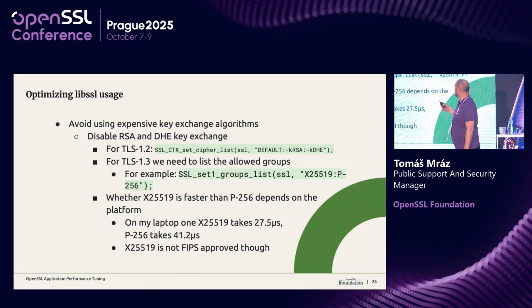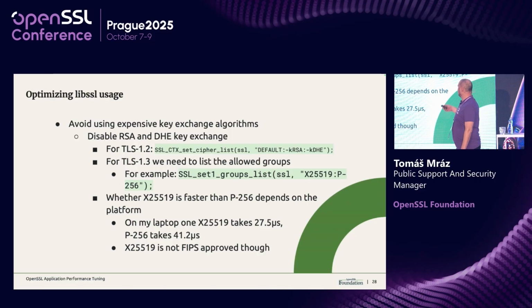So how do you do that? For TLS 1.2, you can use SSL_CTX_set_cipher_list, and that will remove support for RSA key exchange and DH key exchange.